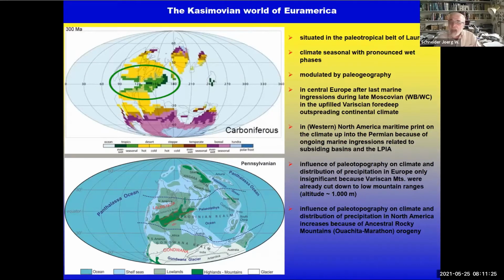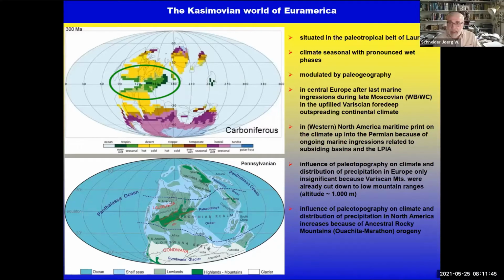In Europe, after the last marine aggressions during the Moscovian, we get outspreading continental climate, of course, still wet. In North America, the maritime imprint of the climate lasted up into the Permian.